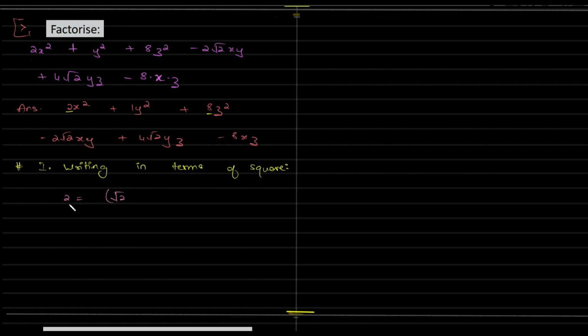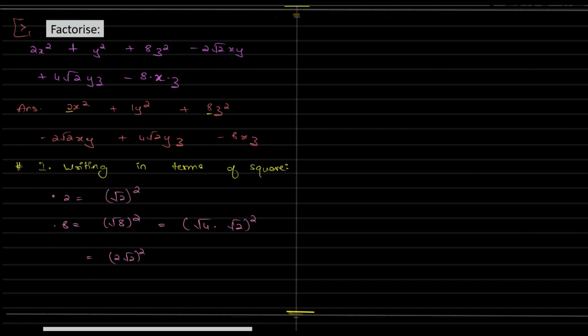I can write 2 as (√2)². Make sense? And 8 as (√8)². Make sense, right? The root and square get cancelled and you get back that. Now let's further simplify this. √8 can be written as √4 into √2, the whole square, and √4 is 2, so (2√2)², and so you have a simpler expression.